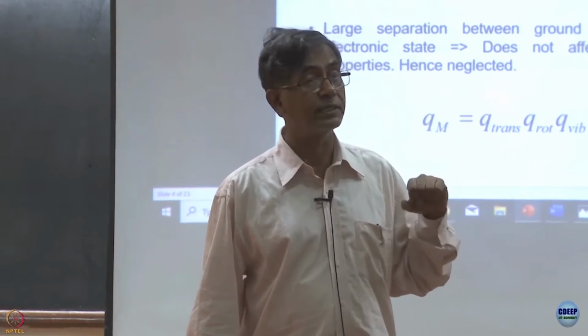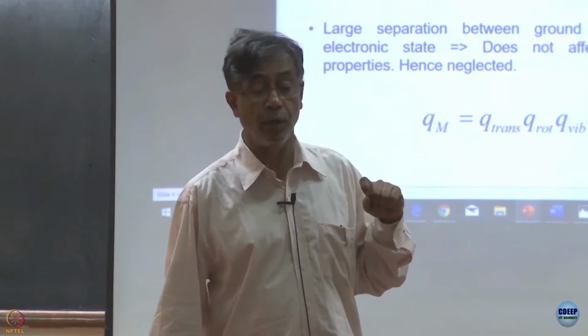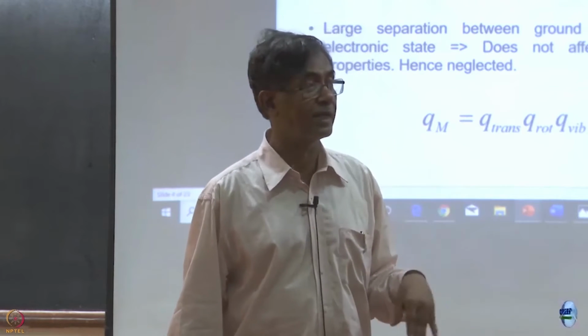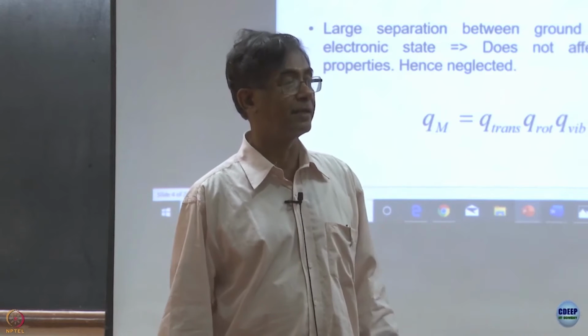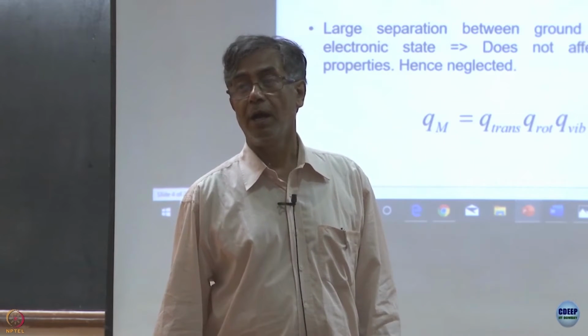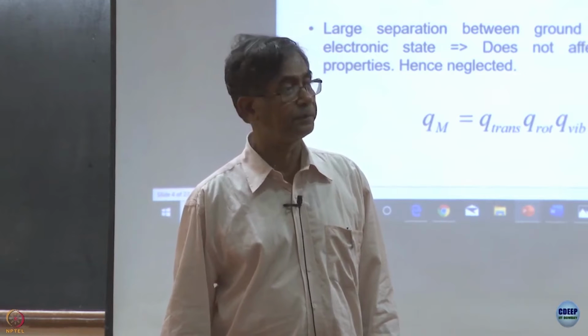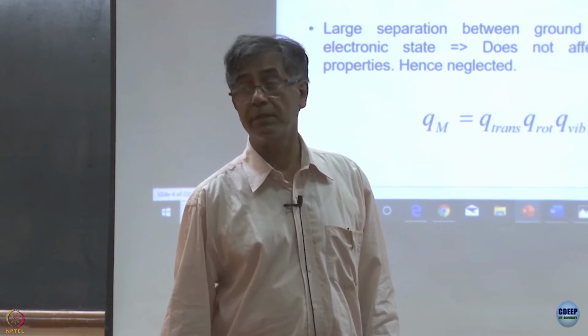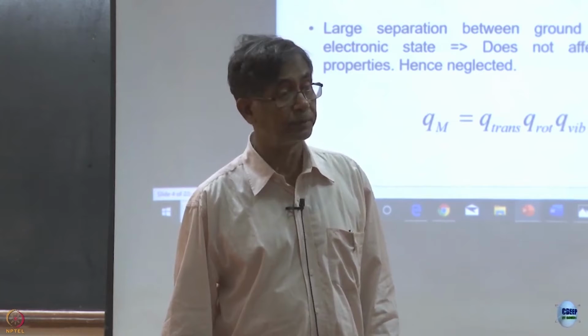How much are the electronic energy levels? You will not be able to talk with an experimentalist if you do not know these basic things. That is what they are doing all the time in IR, FTIR, NMR. How much is the electronic energy? More than 10,000 centimeter inverse.